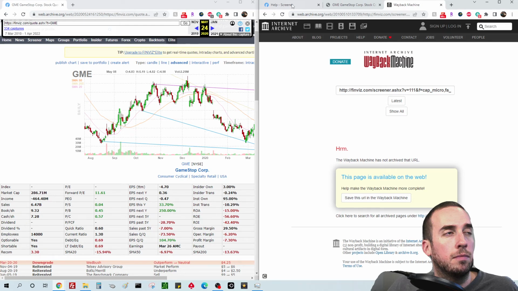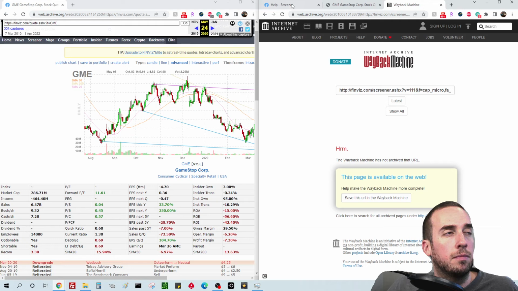So less than 1, under 1. This is where it gets a little tricky. So quick ratio is a 0.6. So let's do under 1. With quick ratio, you want to be as close to 1 as possible.